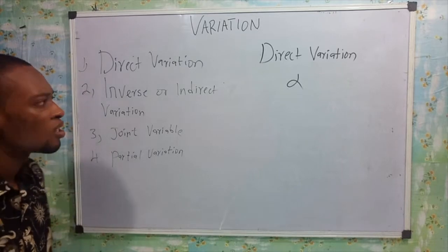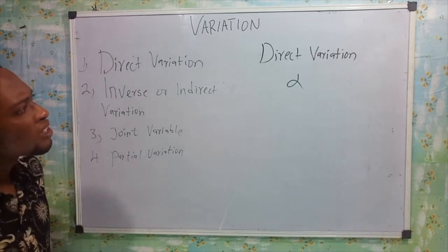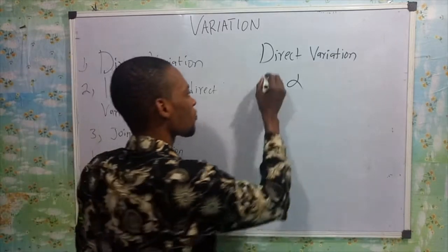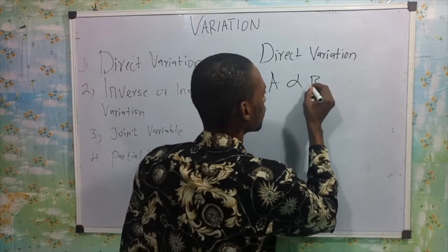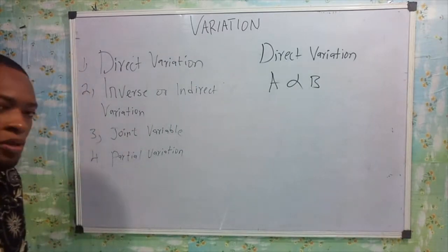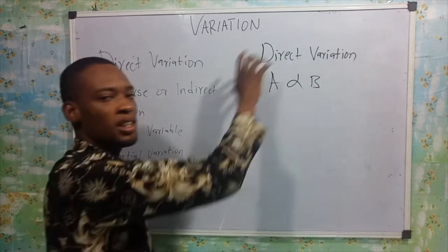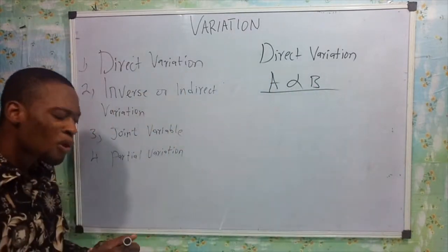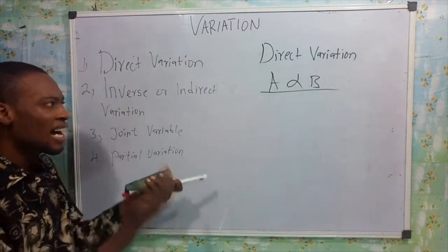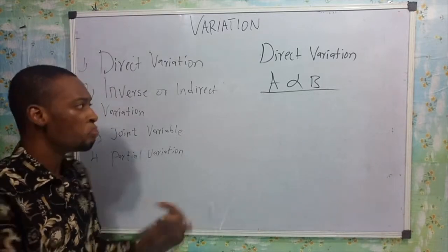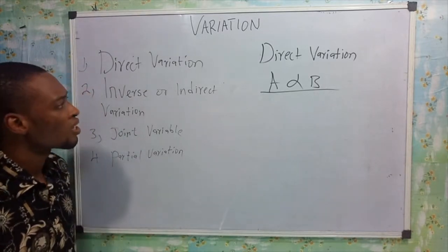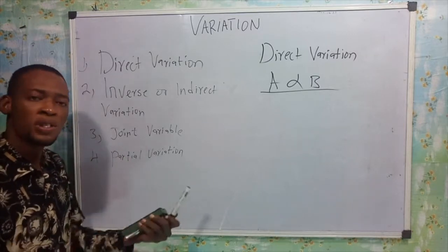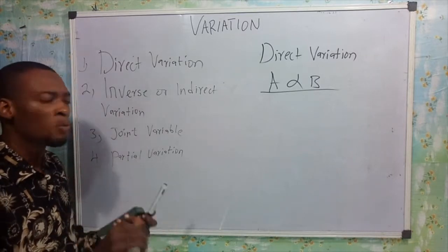So if I should say that A varies directly as B, so this is the mathematical interpretation. A varies directly as B. What this implies is that as A increases, B also increases, okay? As A decreases, B also decreases. So they work hand in hand.